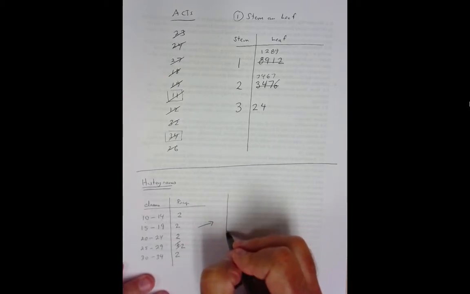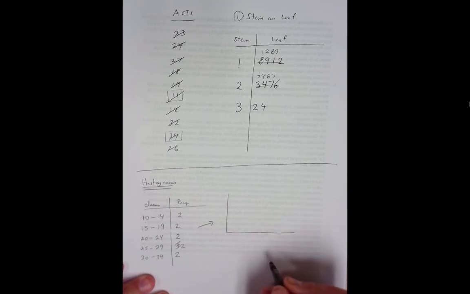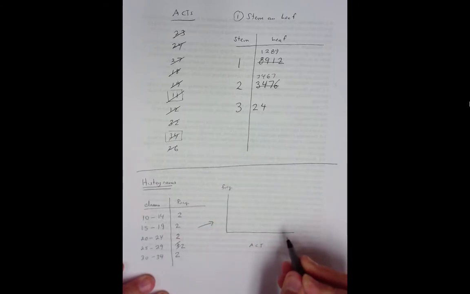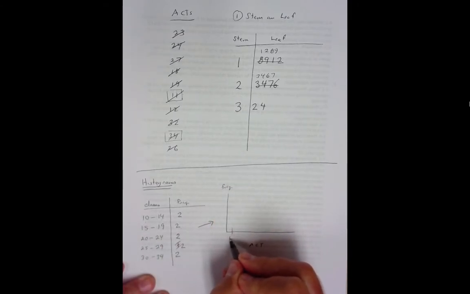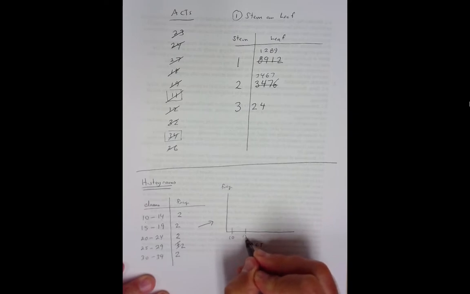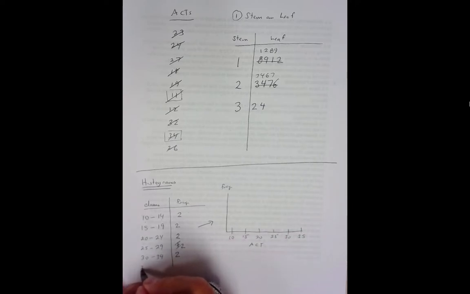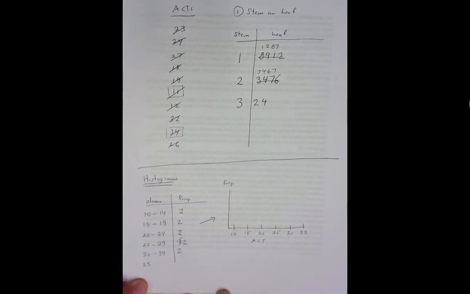Now, from the frequency distribution, it would be reasonable for us to look at a histogram. In a histogram, I would put the name and then the frequency on the vertical, and I would run these from 10 to 15 to 20 to 25 to 30 all the way up to 35, because that's what would begin the next bin, the next class.